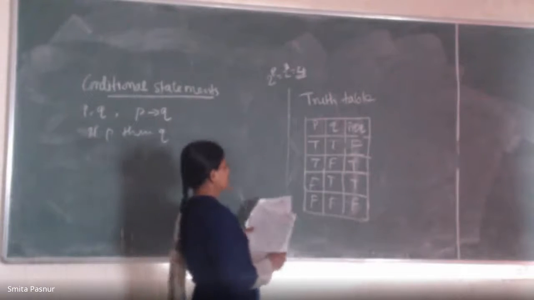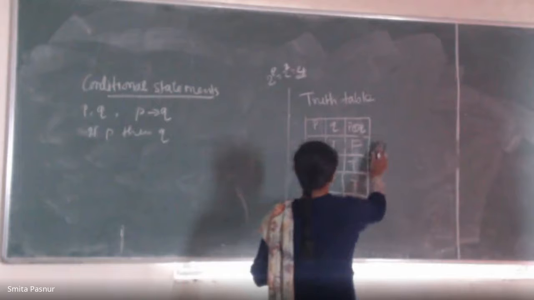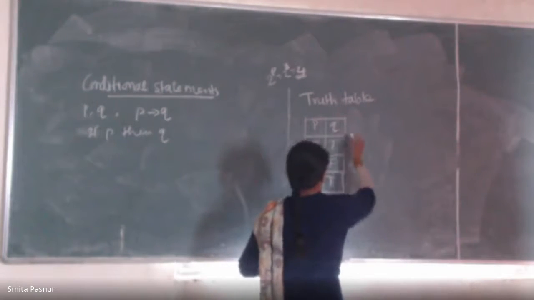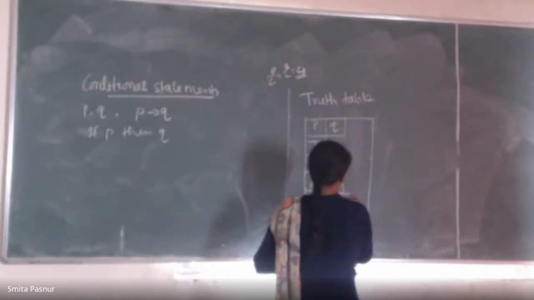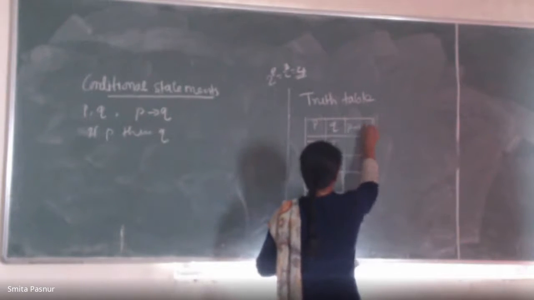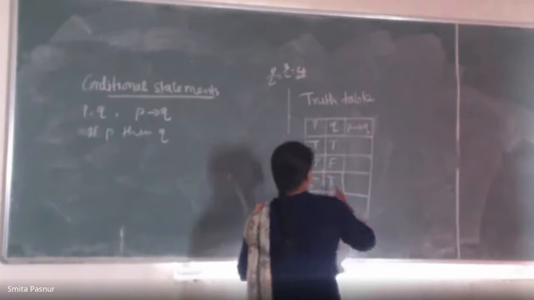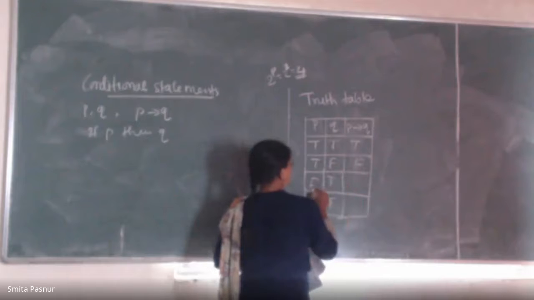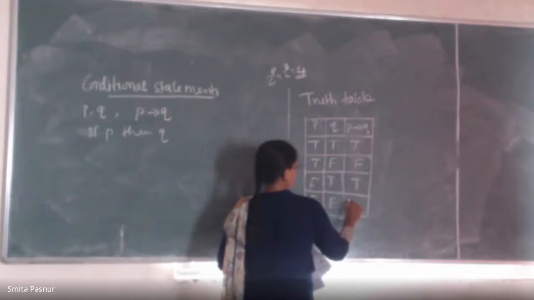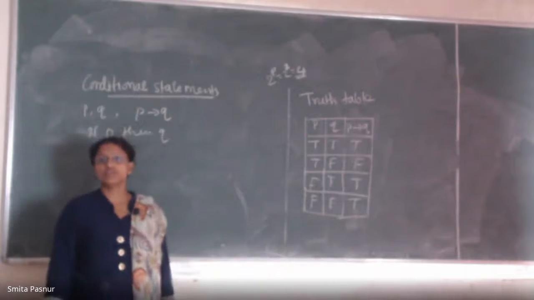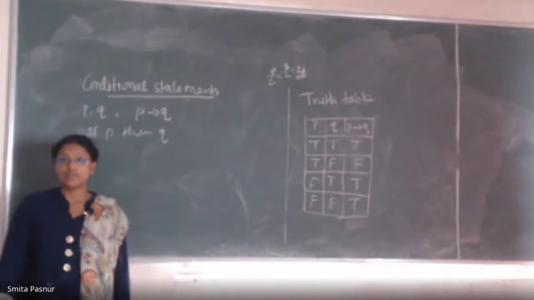So what will be the change in the truth table? For P conditional Q: true, true gives true; true, false gives false; false, true gives true; and false, false gives true. So this is the table for the conditional.